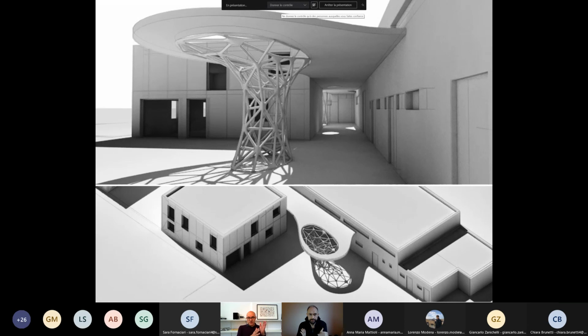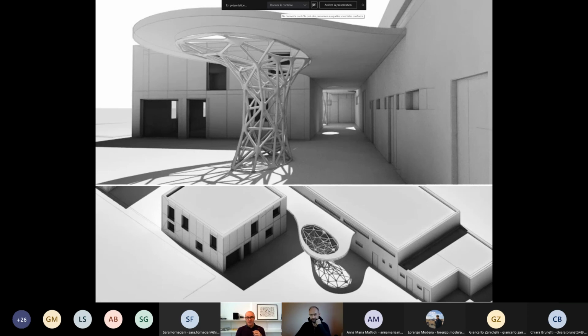But between 2012 and 2015, because it's a public project and those kind of projects are so amazingly slow, in the meantime we developed a fully functional company and methods for 3D printing concrete.